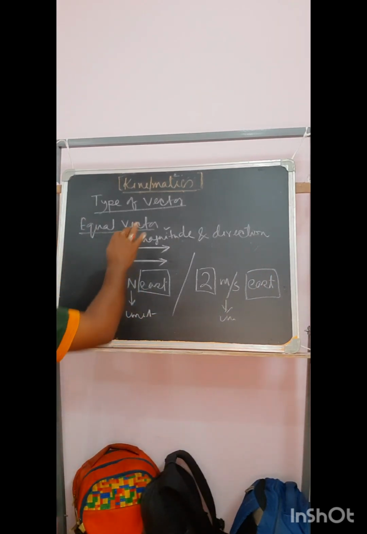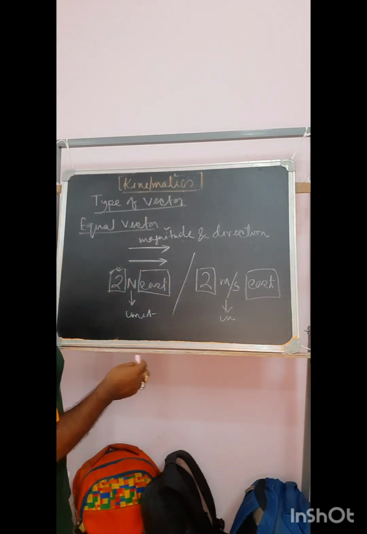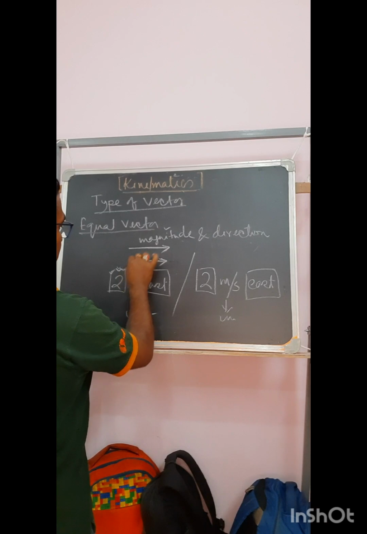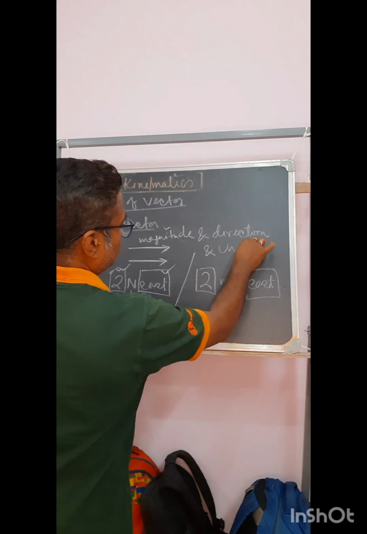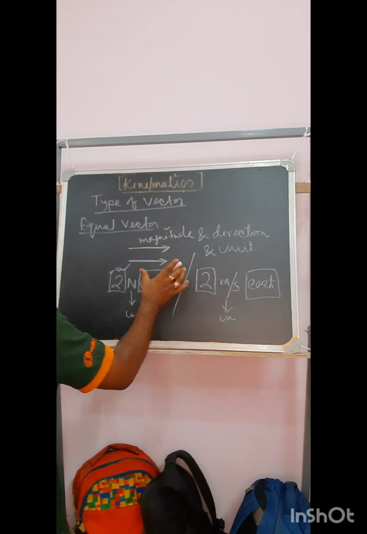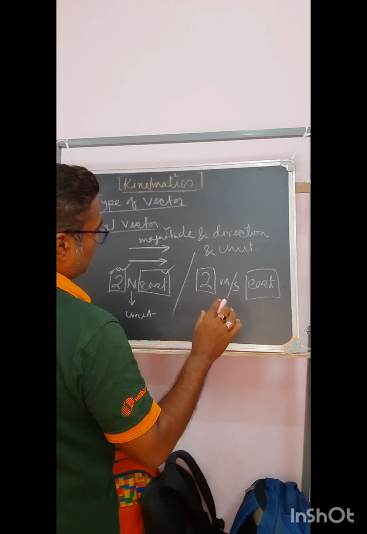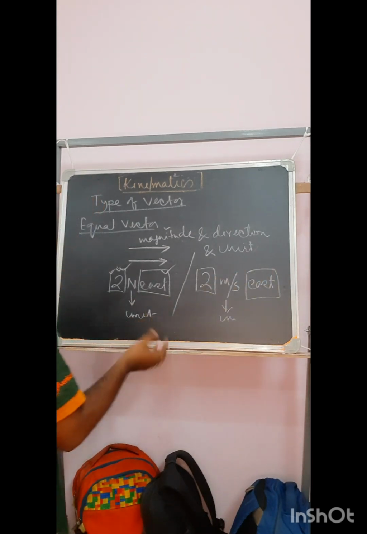So for vectors to be equal, two equal vectors have to match equally by their magnitude, direction, and unit. This is a very crucial point to understand. Two differently defined vectors cannot be added by any law of vectors, whether they are linear in nature or at any other angle.